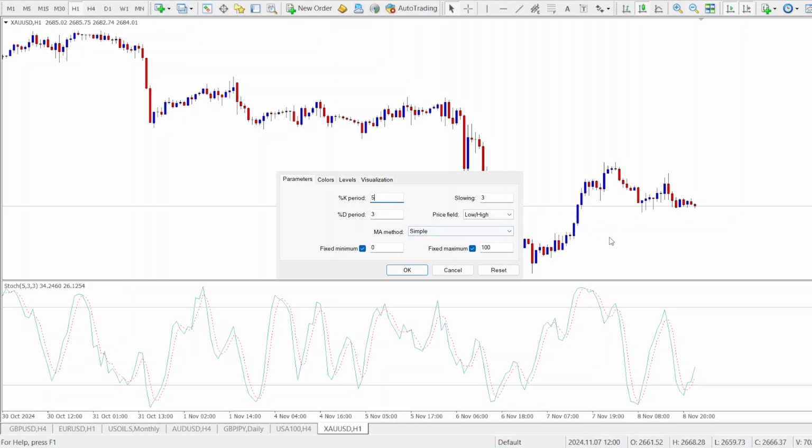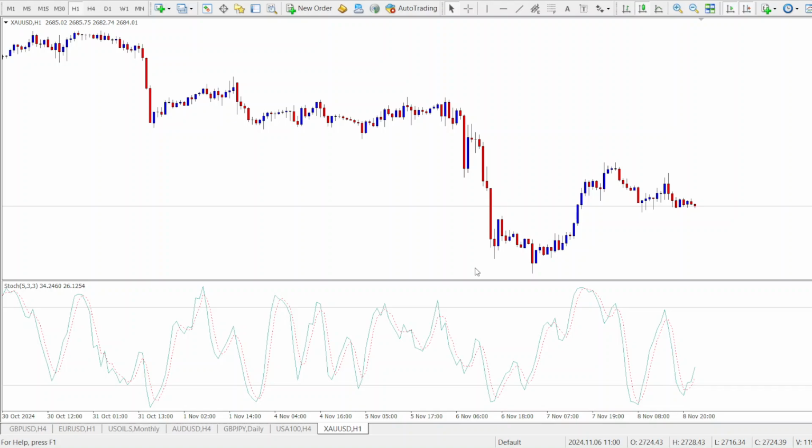All right. Now here's the thing: the default settings for the stochastic oscillator might not be the best for every time frame, which is the 5 for percentage K, the 3 for percentage D, and the 3 for slowing. Okay, so a lot of traders use the 14-3-3 settings, right? But when we are focusing on the 1 hour chart, we might need to adjust these values to reduce market noise and get a clearer picture.